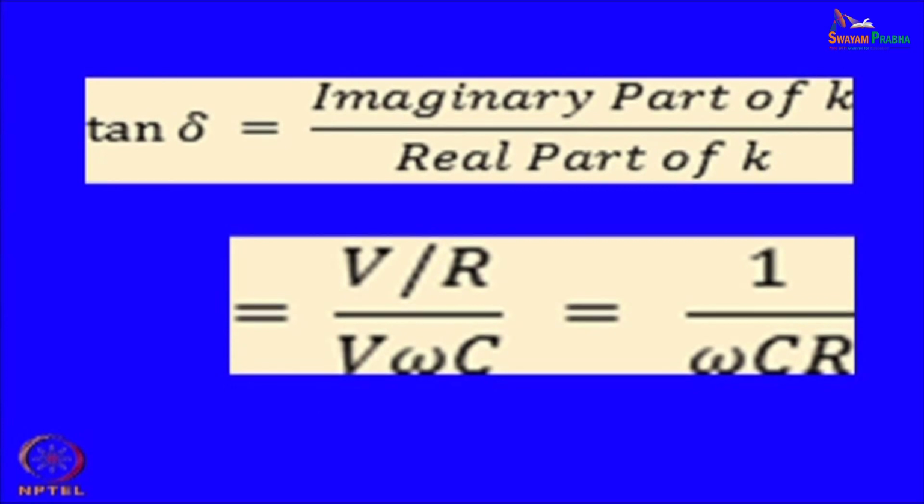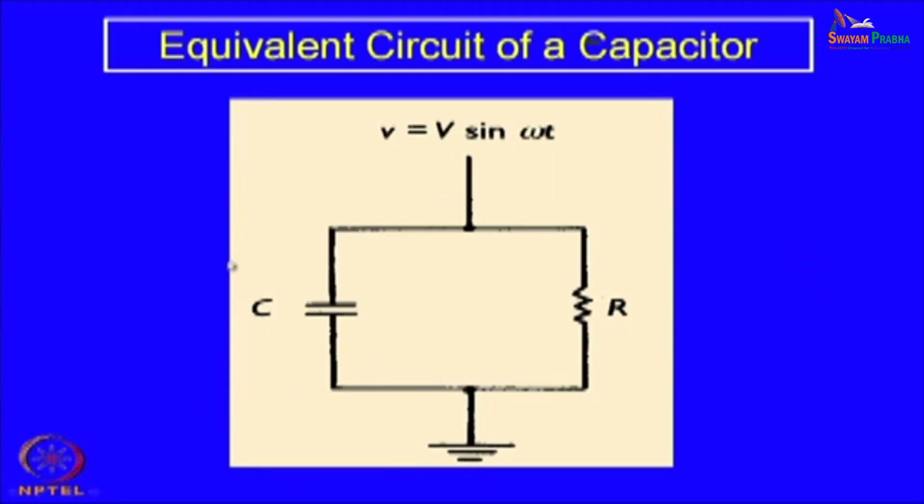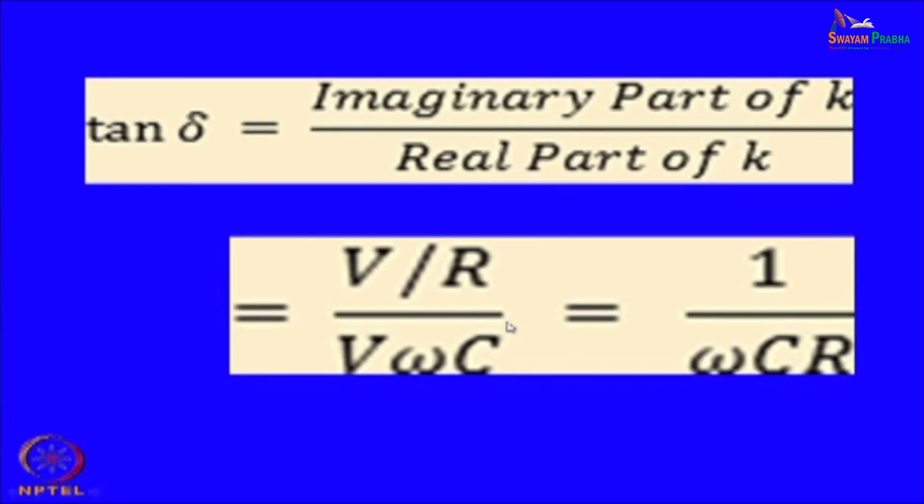Based on these equivalent circuit parameters, if this is C, the capacitance of an ideal capacitor, and this is R, from these equivalent circuit parameters one can also find out the parameters which we have already discussed: tan delta, the imaginary part of the K and the real part of the K. In terms of the equivalent circuit parameters, this tan delta can be represented like this: V by R, R is the equivalent circuit resistance, and V omega C, C is the equivalent circuit capacitance, and V is the applied voltage.